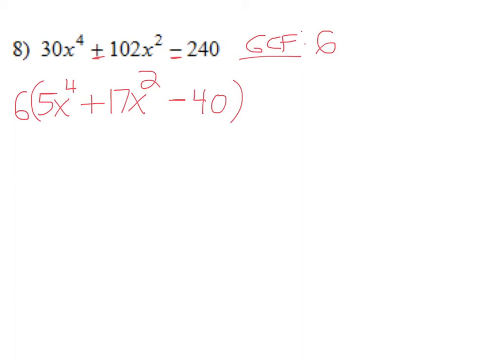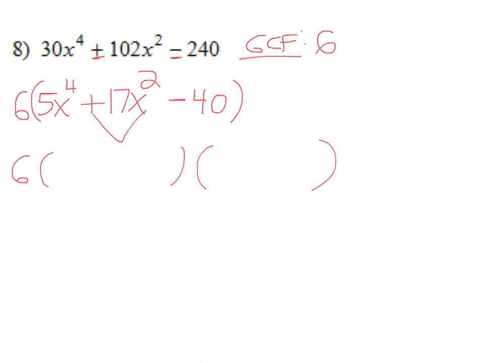Now, just like the previous problem, on the inside we can factor this even further. You might be saying, well, it's not a quadratic, but we can treat it like a quadratic. Instead of having x squared here, I have an x to the 4th. Instead of this being an x, I have x squared. So I can still factor this into two binomials. I'm going to bring down the 6 and put two sets of parentheses.